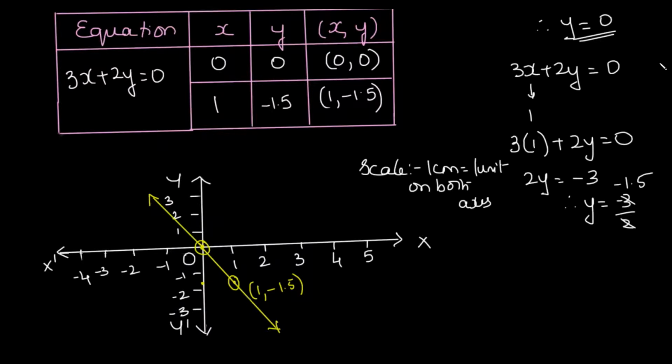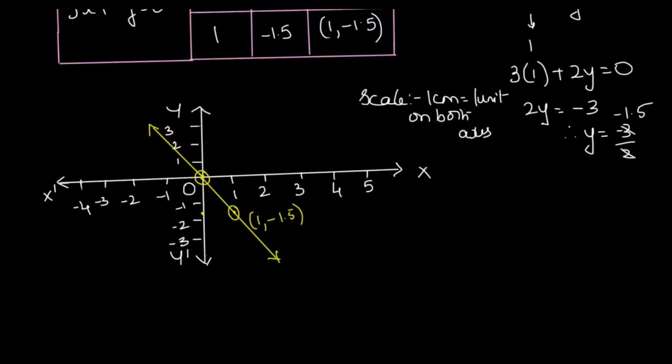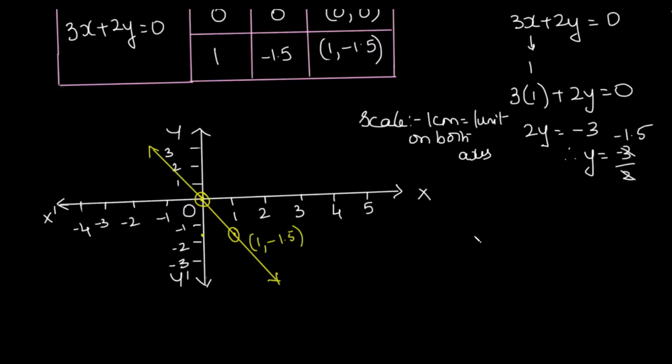So how to find the feasible region or how to find the solution set? Now for finding the solution set, take any point other than those on the line. Take any particular point as a test point. So suppose 1, 1 be a test point.